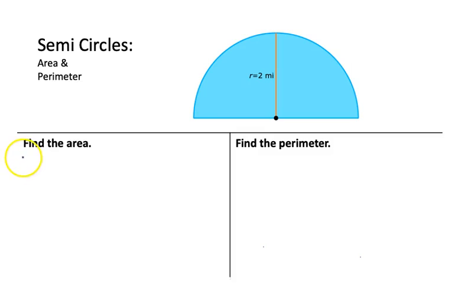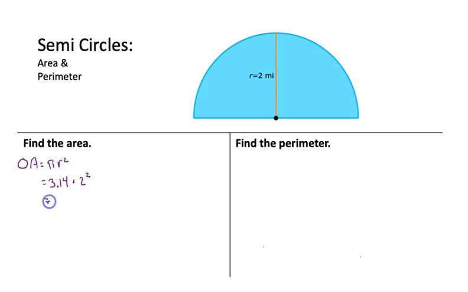Let's think, okay, I want the whole circle. So the whole circle area equals, well, how do we find an entire circle? Yeah, pi r squared, right? So that means I'm going to have pi, we're going to use 3.14 for consistency, times the radius, and the radius has been given to me. It says 2, so times 2 squared.